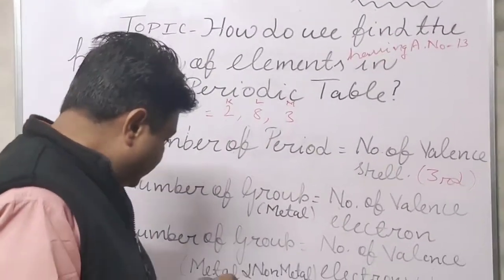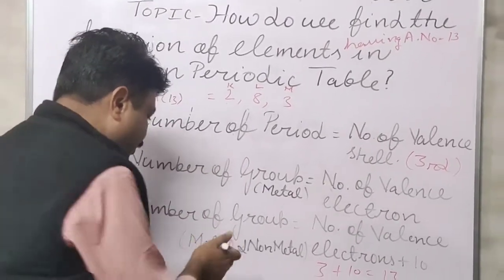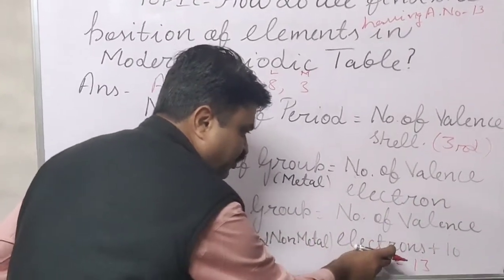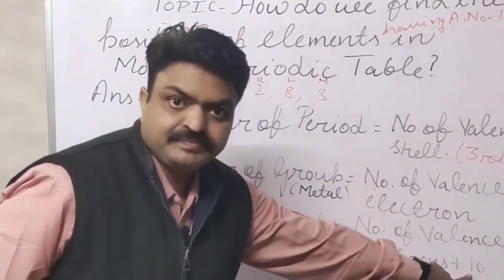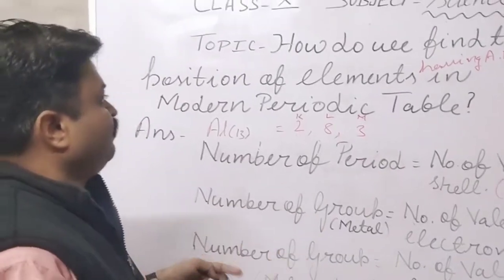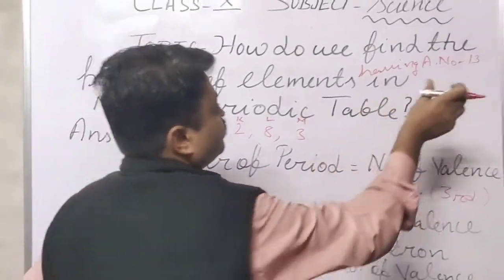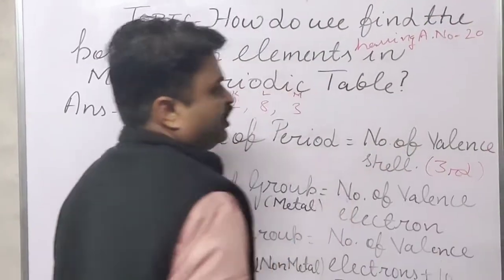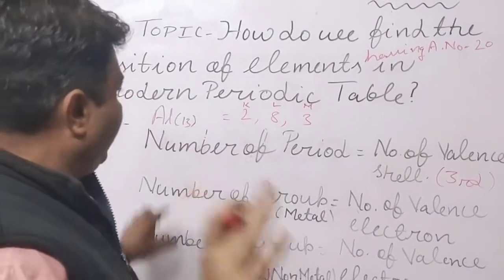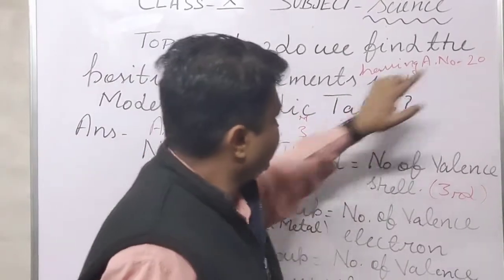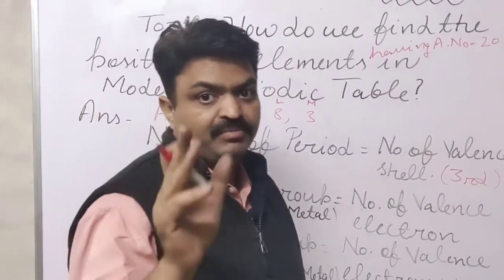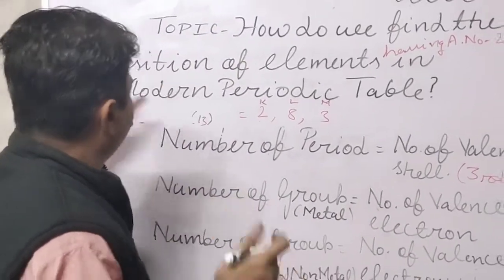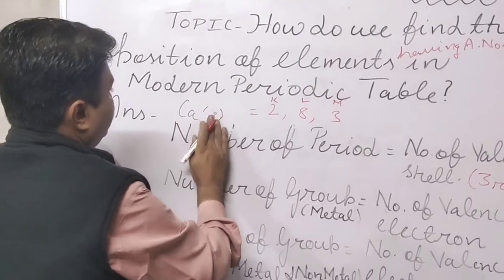So in some cases, for metals, we use this trick, meaning to the outermost electrons we add 10. Like this, there is another element that has atomic number 20. Which element has atomic number 20, student? It is calcium. So you write here calcium, 20.